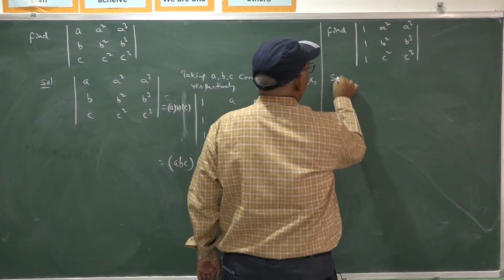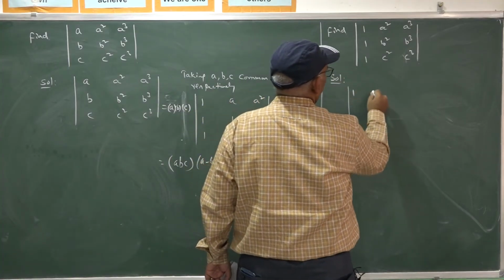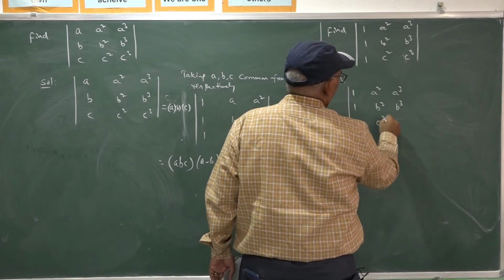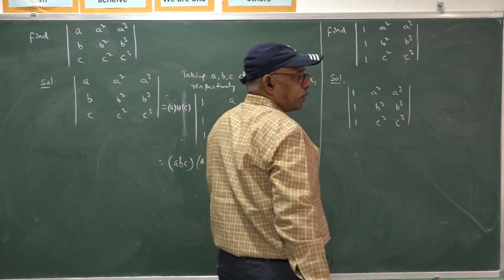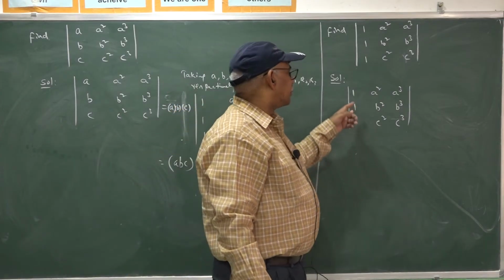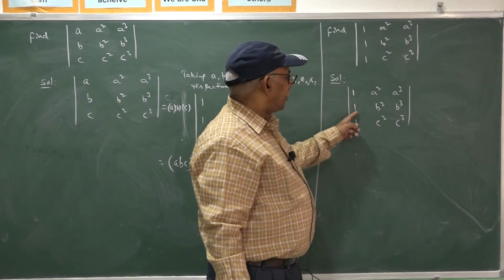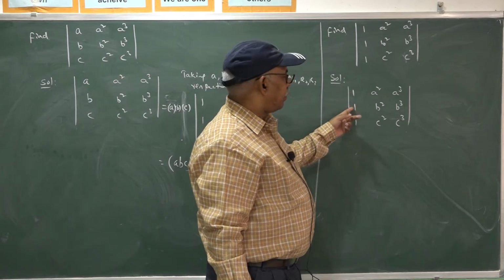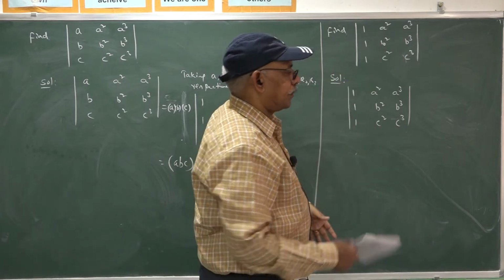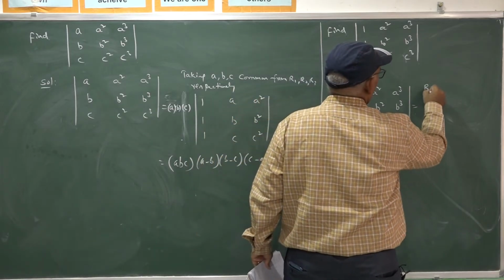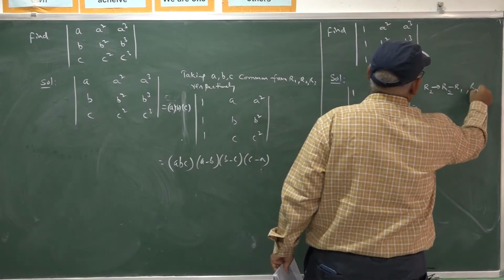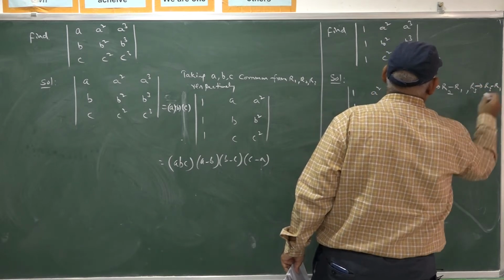Now to evaluate this determinant, as in previous determinants, make the maximum number of elements in any row or any column zeros. So it is clear that you can make this position 0 by subtracting these elements from R1. So the transformations are R2 goes to R2 minus R1, R3 goes to R3 minus R1.